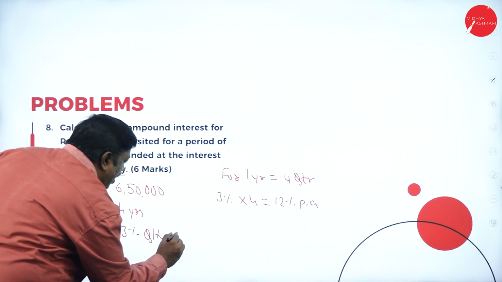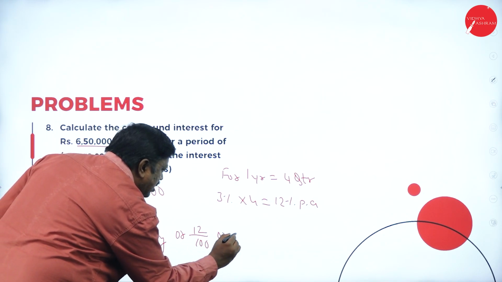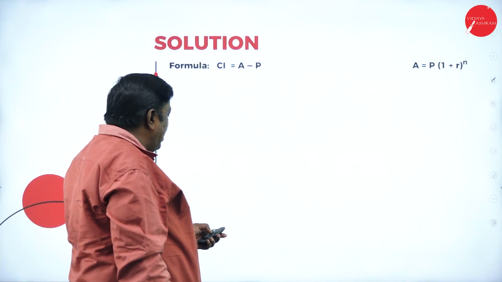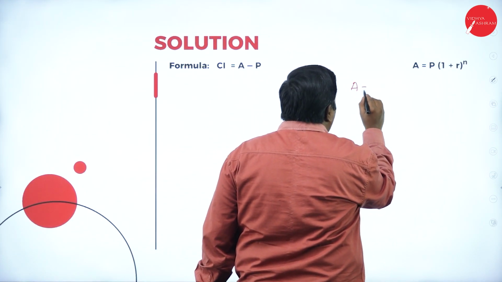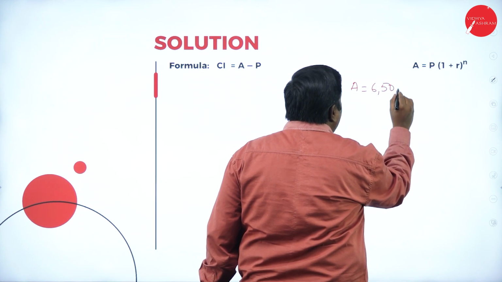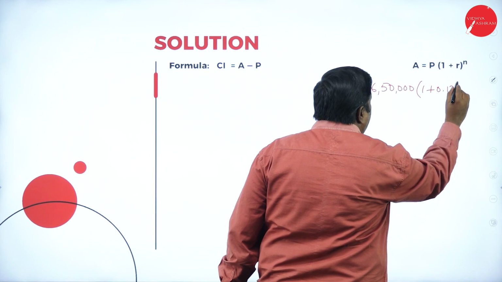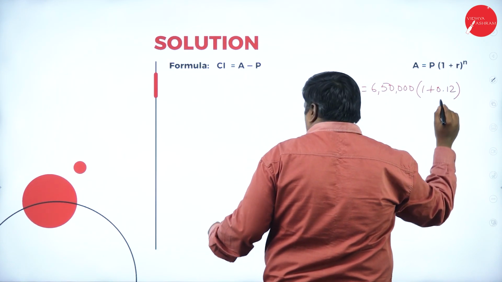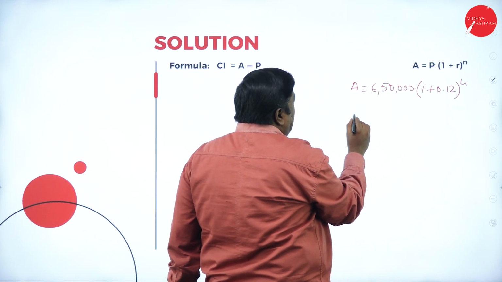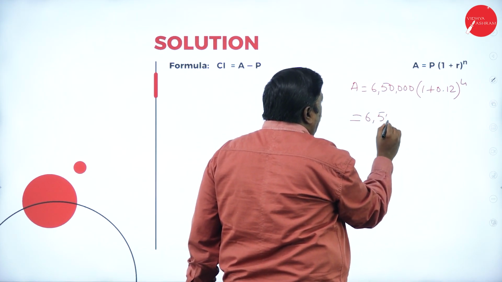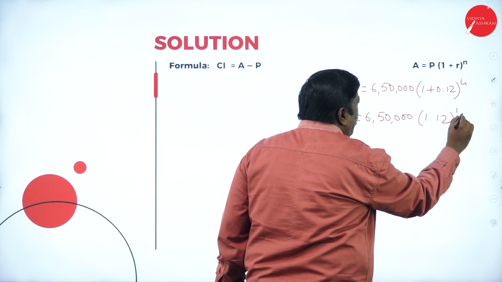So my interest will be 12 by 100 or 0.12. What is the amount we are investing? We are investing 6,50,000. 1 plus 0.12 to the power of how many years? 4 years. 6,50,000 into 1.12 to the power of 4.